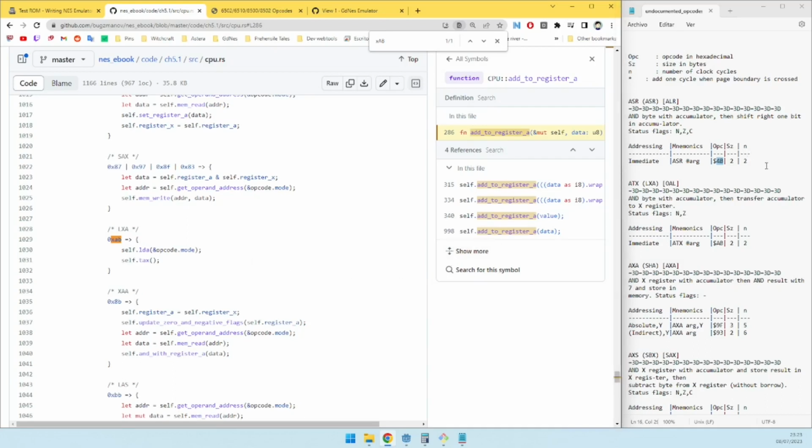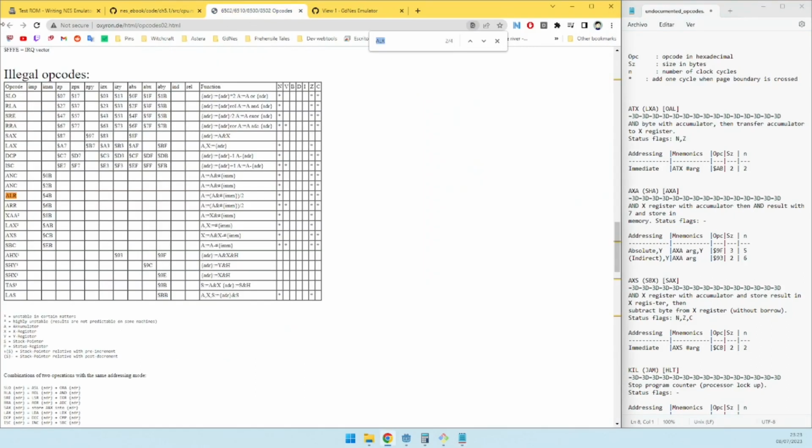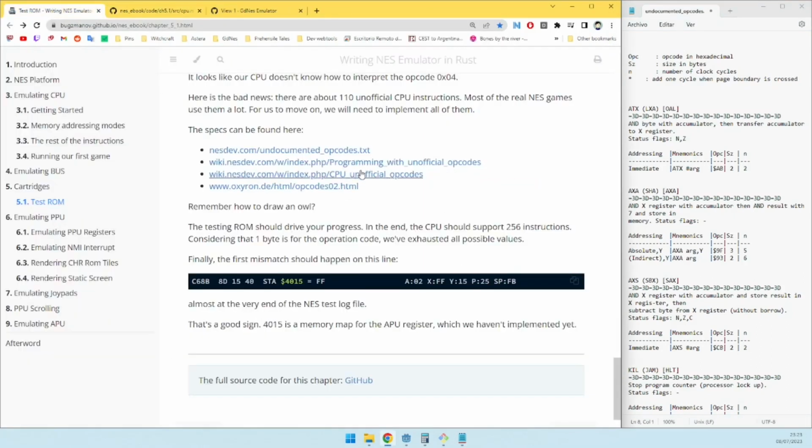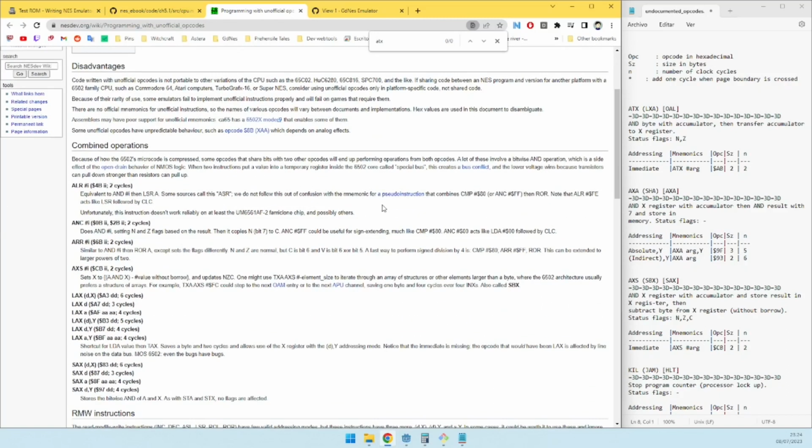I suppose. Do I trust myself? No. So what does this source say? This is the one that has descriptions. So what is AB? $AB? ATX? No, it is not even mentioned.